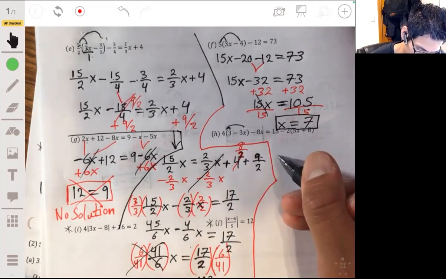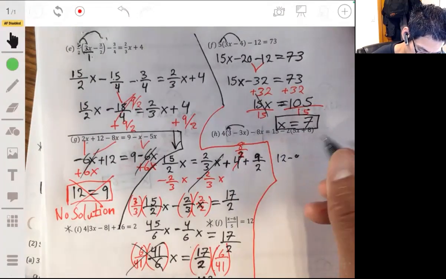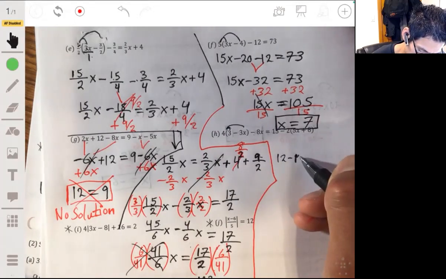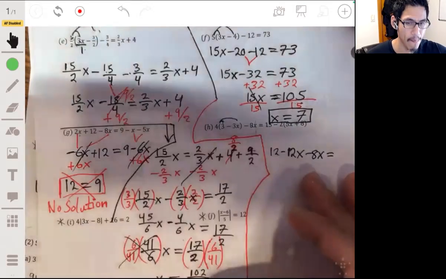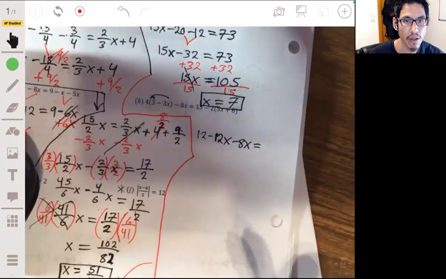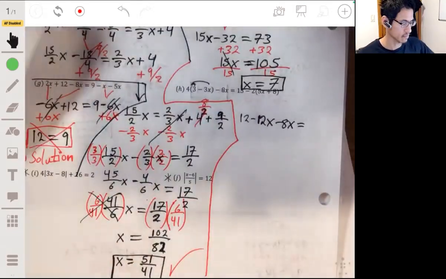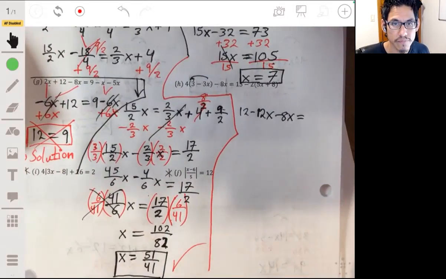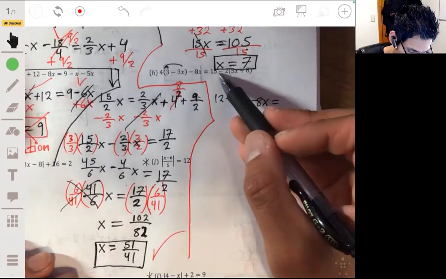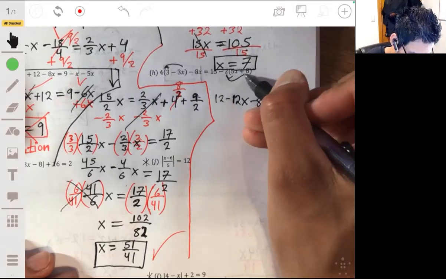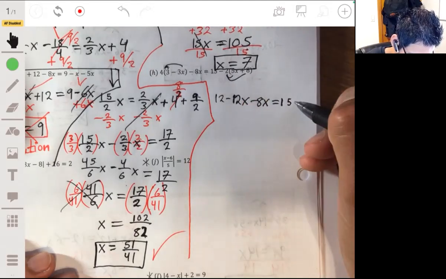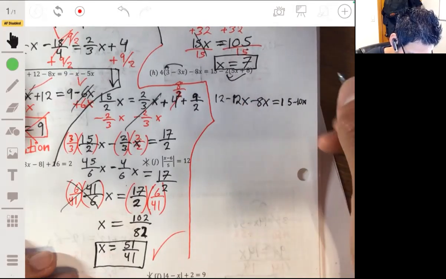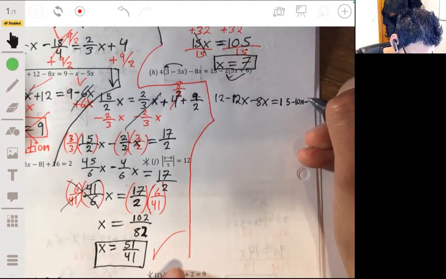So I'm going to do it over here. 12 minus 12x minus 8x equals 15 minus 10x minus 16.